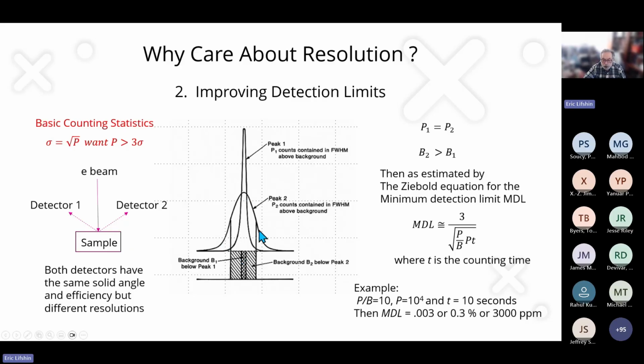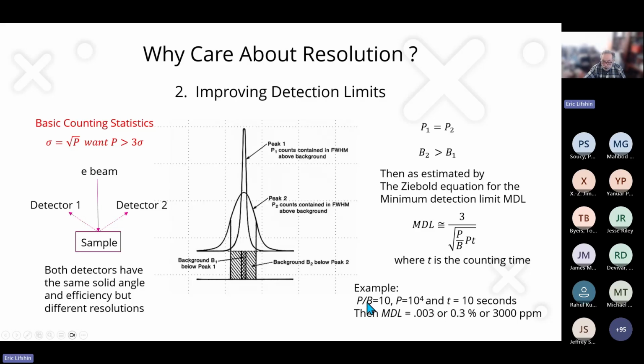And then peak 2, where the resolution isn't so good, is over a larger background. So even though both of these detectors have the same efficiency and solid angle, so peak 1 equals peak 2, the backgrounds are different, and therefore the peak to background ratio is going to be worse for a low resolution detector.